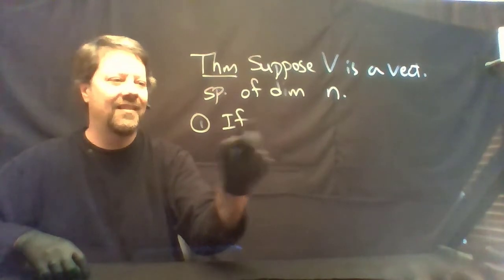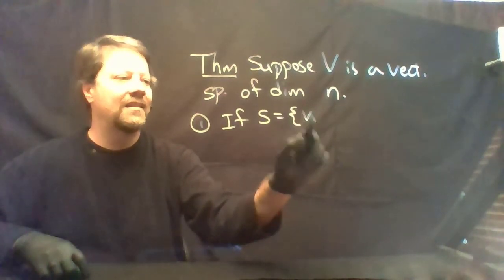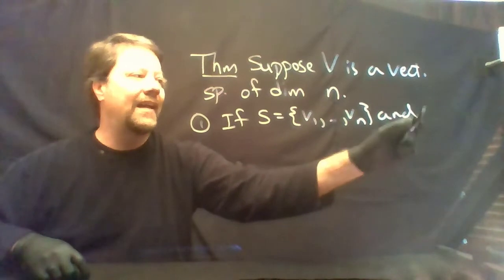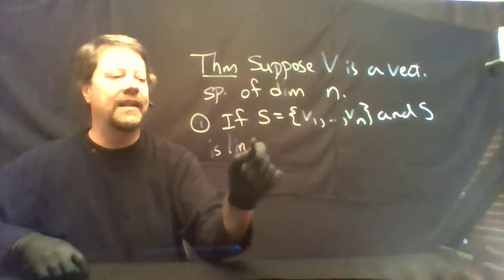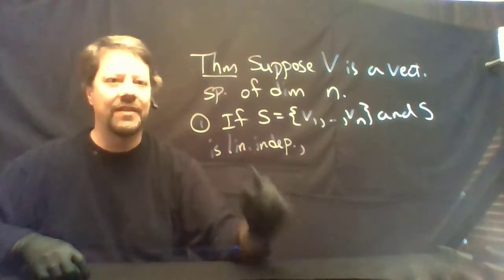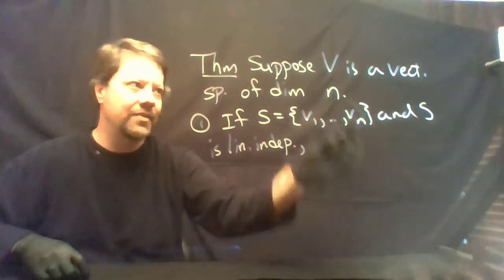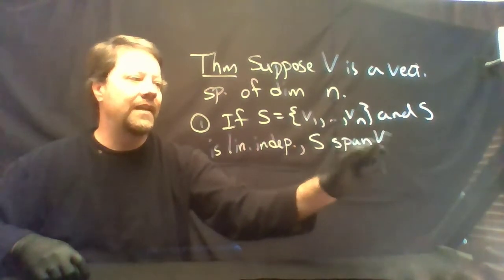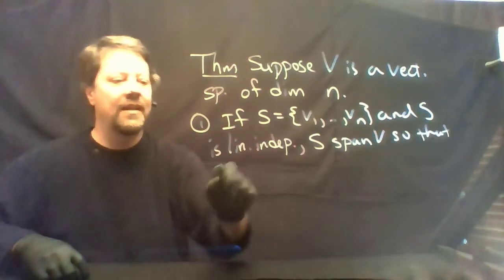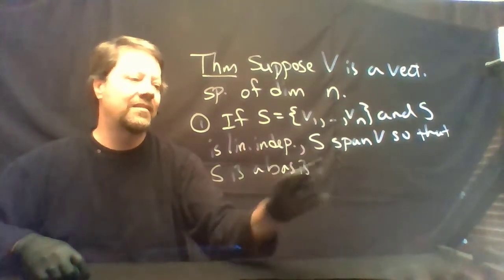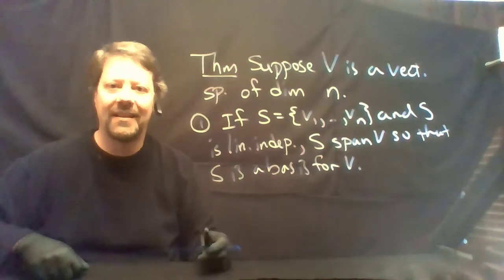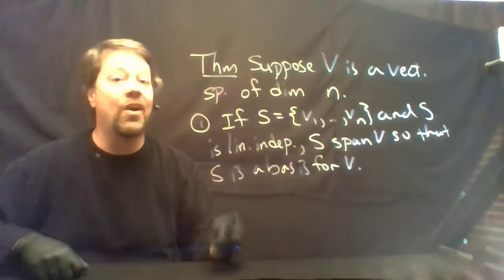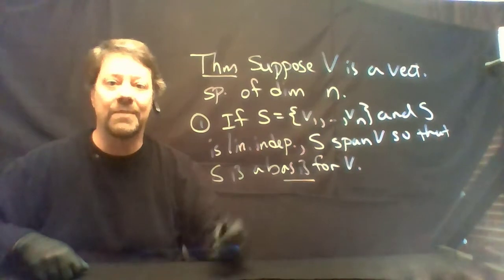First, if S is a set containing n vectors, the same as the dimension of this vector space, and S is linearly independent, if you have n linearly independent vectors in an n-dimensional vector space, then S spans V so that S is a basis for V. That tells you if you have n linearly independent vectors in an n-dimensional vector space, then it is automatically a basis. It will span.